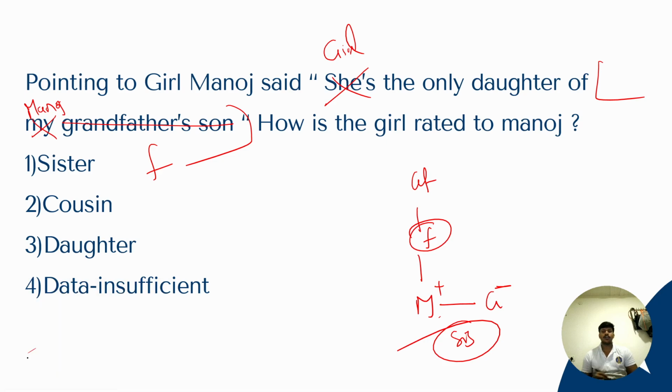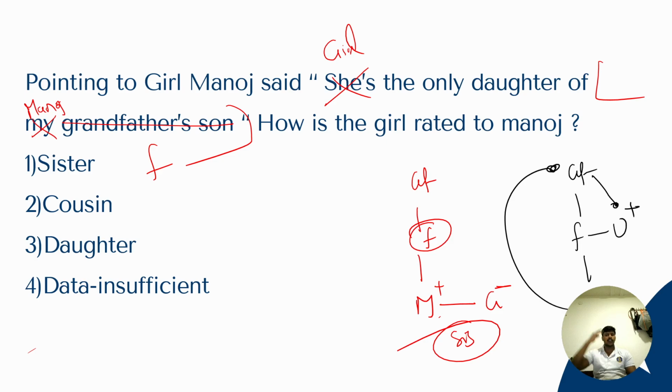Let us take you are having an uncle. Let us take Manoj is here. Manoj's grandfather is here. Father is here and uncle is here. See, Manoj's grandfather's son can be Manoj's uncle also. So there's one more possibility. My grandfather's son, my uncle, is also my grandfather's son.